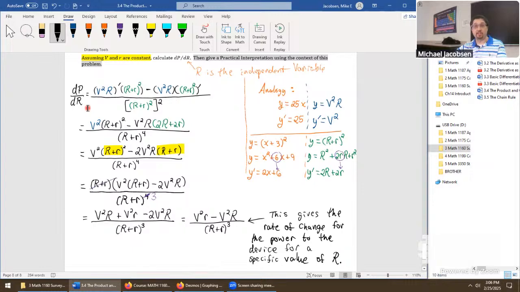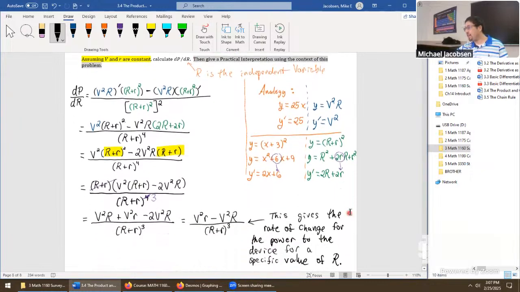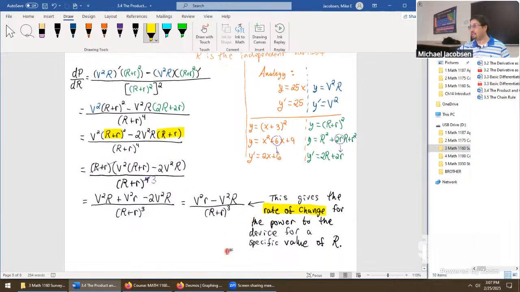It's not the power being delivered to the device, it's how the power is fluctuating. The actual power being delivered to the device is the original expression right up here. So any kind of interpretation has to really highlight where you say rate of change for the power, not the actual power itself. But any questions at all, folks, on running through this full problem here?